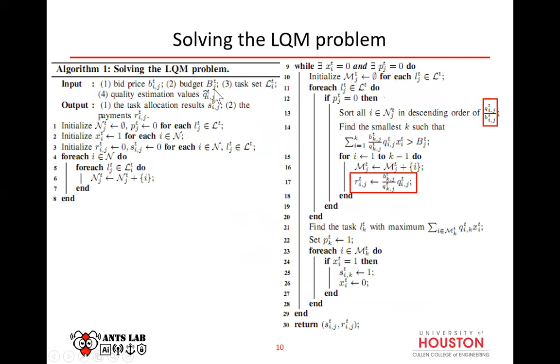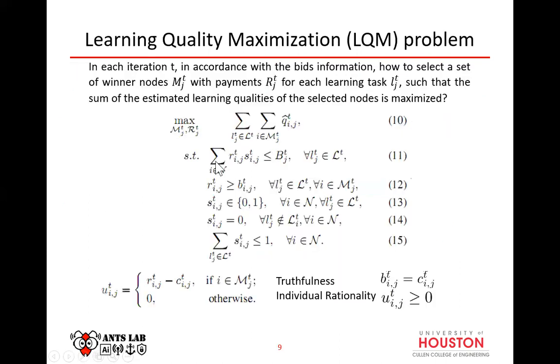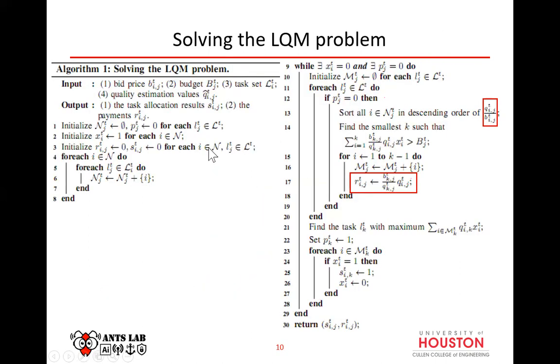This is the algorithm to solve the problem. Clearly, this problem is a multiple knapsack problem, and they use a greedy algorithm to solve it. At first, the algorithm picks the candidate nodes M_j^t that can participate in the learning task L_j^t.